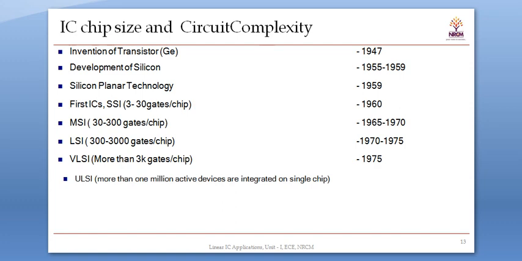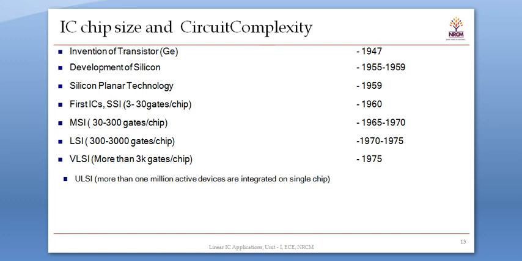The transistor was invented by William Shockley, Walter Brattain and John Bardeen of Bell Laboratories. And it was followed by the development of integrated circuits. The concept of the IC was introduced at the beginning of the 1960s by both Texas Instruments and Fairchild Semiconductor.